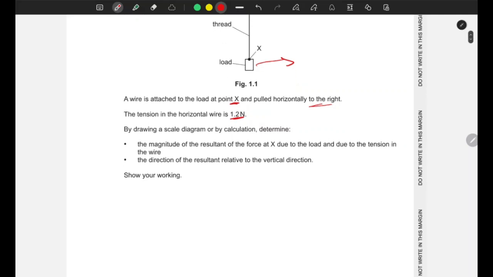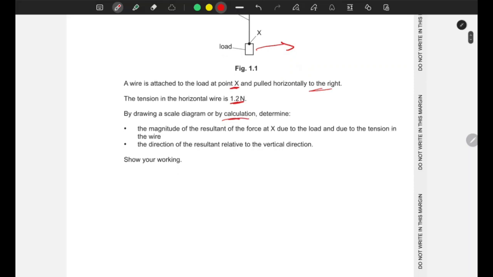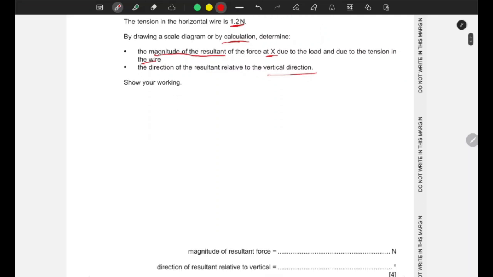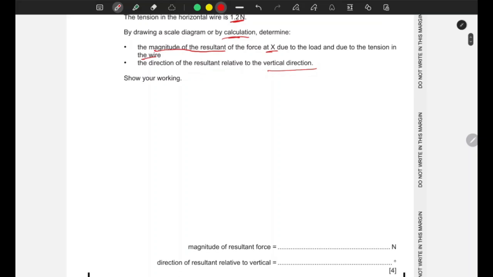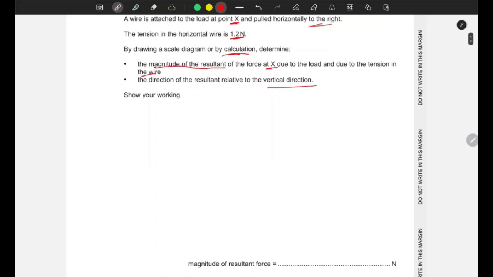By drawing a scale diagram or by calculation, determine the magnitude of the resultant force at X due to the load and due to the tension in the wire, and the direction of the resultant relative to the vertical direction. So this is about 4 marks, and this is very common in recent papers.